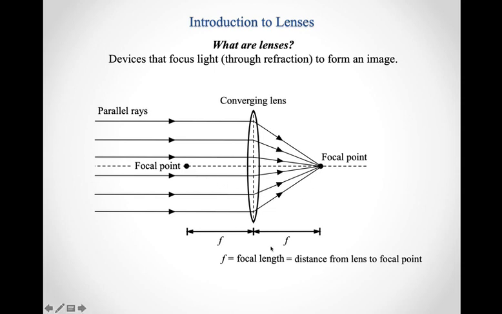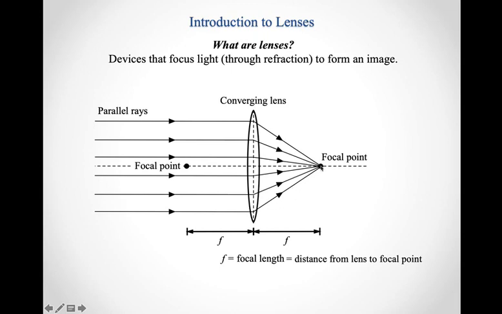The focal length is the distance from the lens to the focal point. And so there's a focal length that we could measure on each side of the lens. With a converging lens, what we'll see is this focal point over here on the opposite side from where the light comes in is the important one because that's where the light is going to focus so that all those rays intersect.